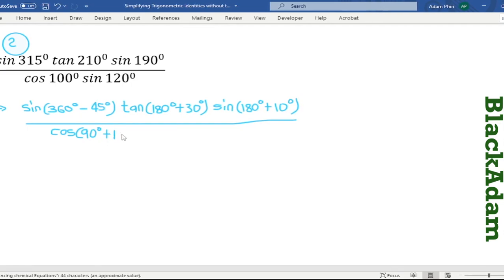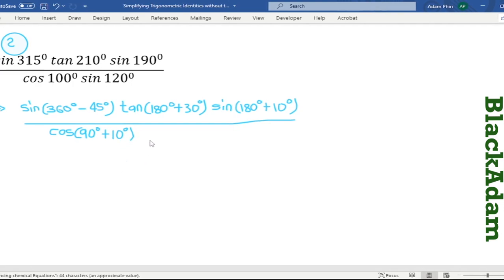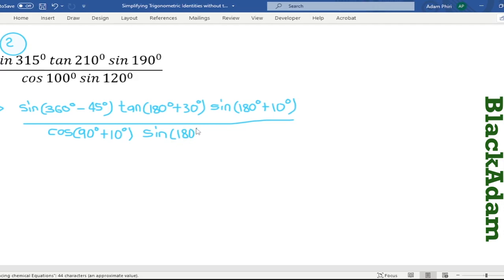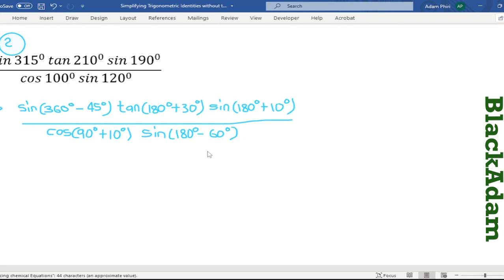And then we have sine 120 degrees. Sine 120 degrees would be sine of 180 degrees minus 60 degrees.